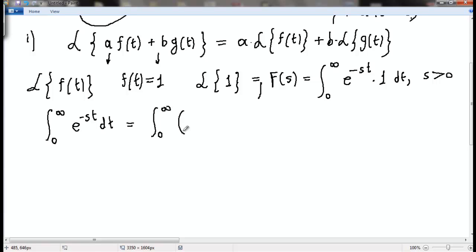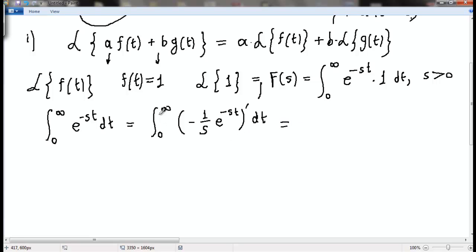Actually, this is the integral of the derivative of minus 1 over s times e to the minus st, because the derivative of minus 1 over s times e to the minus st is e to the minus st. This is the formula that you should be familiar with from the basic integrals.